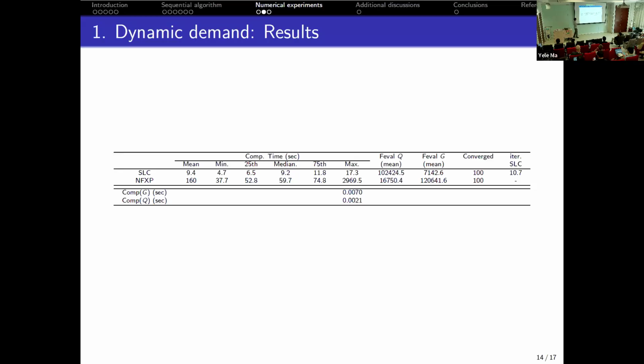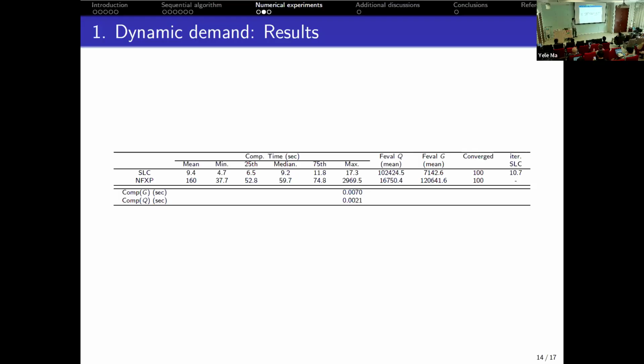Such a large reduction in the computational time largely comes from the relative size of the computational time of function G and function Q. To evaluate the constraint function G, it takes about 0.0070 seconds.